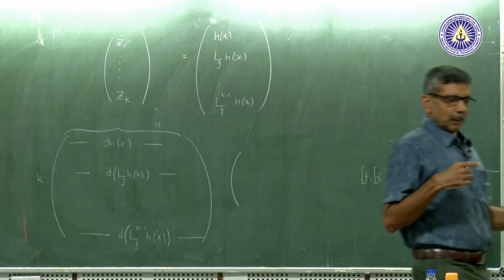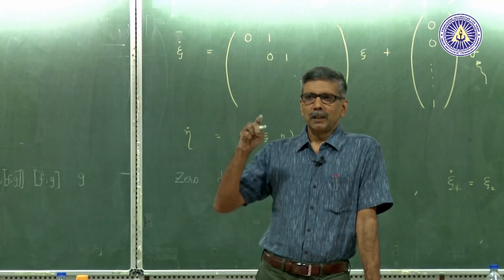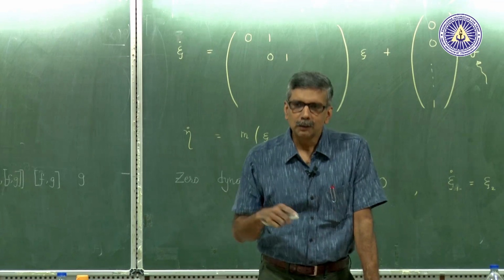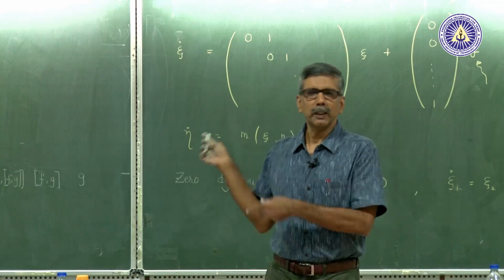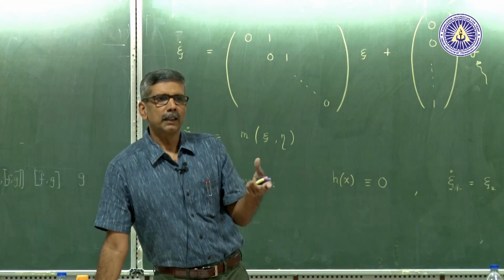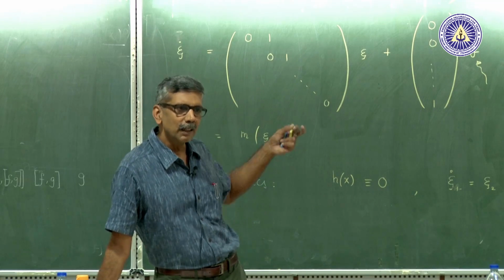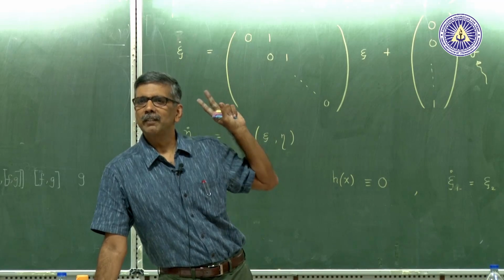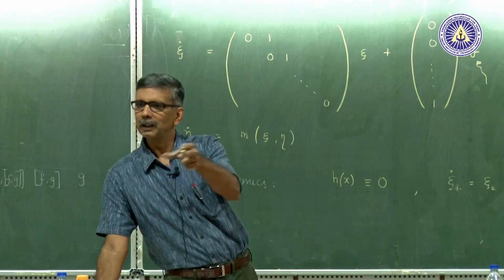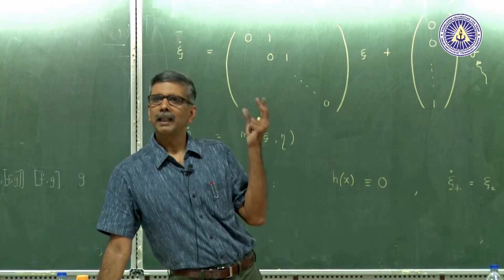See, what have I done through this entire exercise? I've given you a nonlinear system. I've said we have this output of relative degree so much. The question which would naturally come to you, even in this restricted single input, single output case, is: suppose I'm given a nonlinear system. Can I choose some output through which I can render full state feedback linearization? Maybe that is not a feasible output in terms of the physics or the engineering, but still for the mathematical model given, can I get such an output?